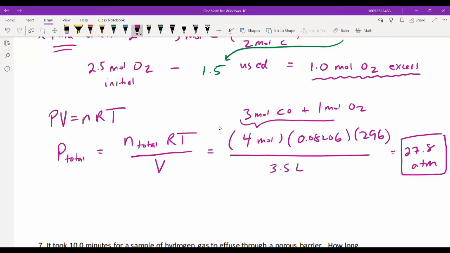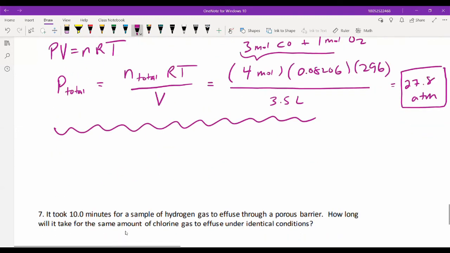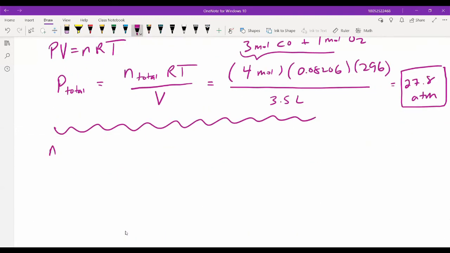Okay. So another way to do this, this way can be very convenient depending on the problem.